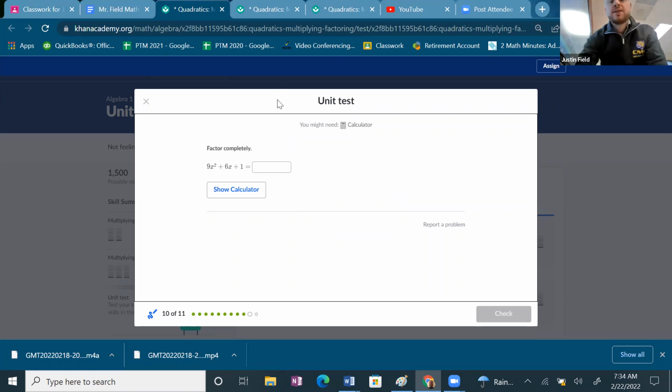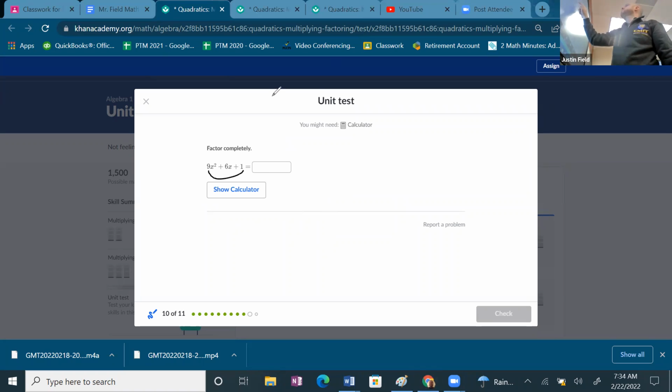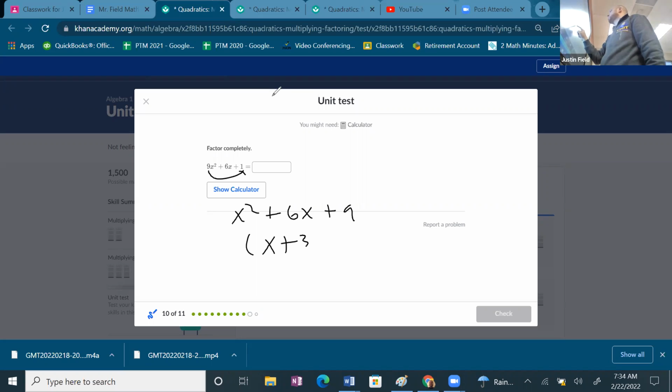All right. Slide and divide, not the AC method. So x squared plus 6x plus 9. So that would be 3 and 3. X plus 3 squared. Well, better not do that because I got to divide.